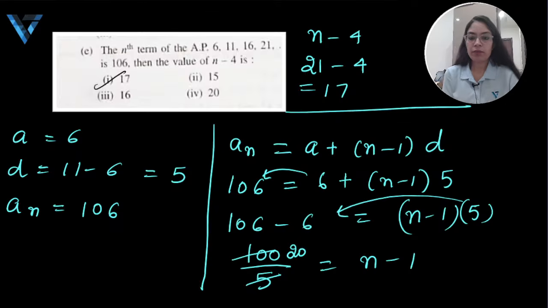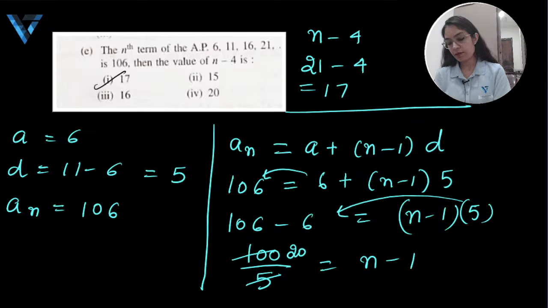From tomorrow we'll continue from the second question. So 10th standard students, why is the strength so less? You are not motivating your friends to attend the classes. These are very easy chapters which we are doing now.